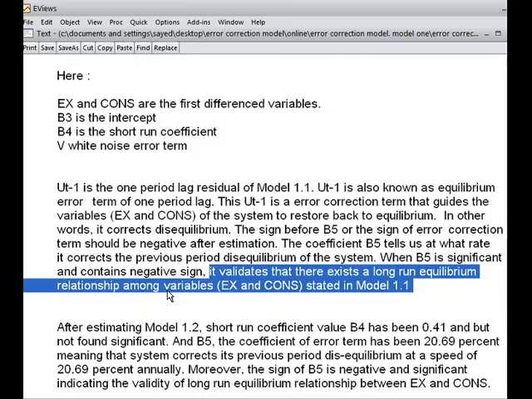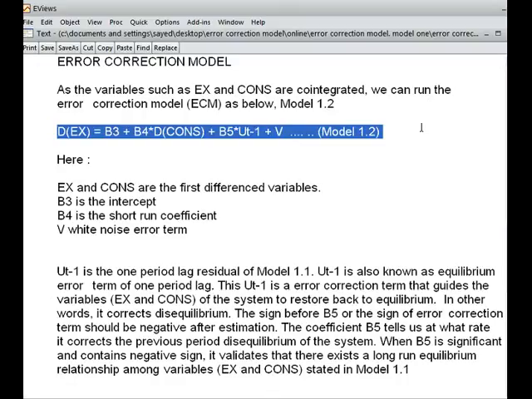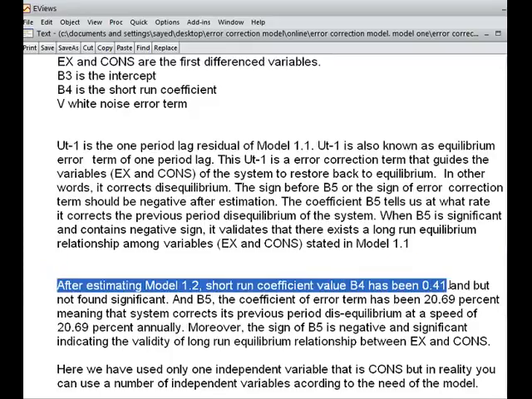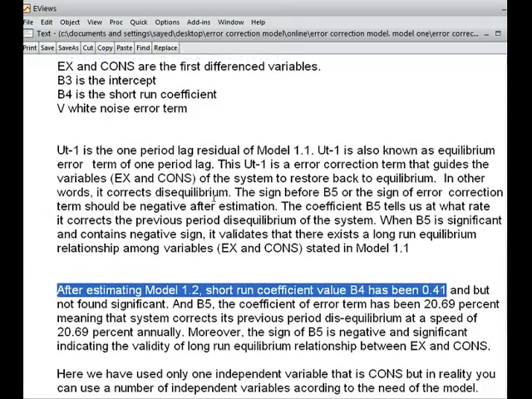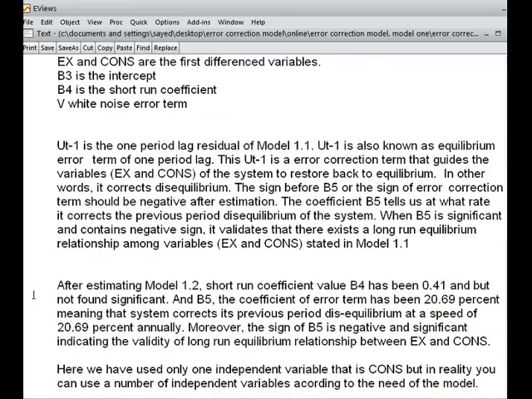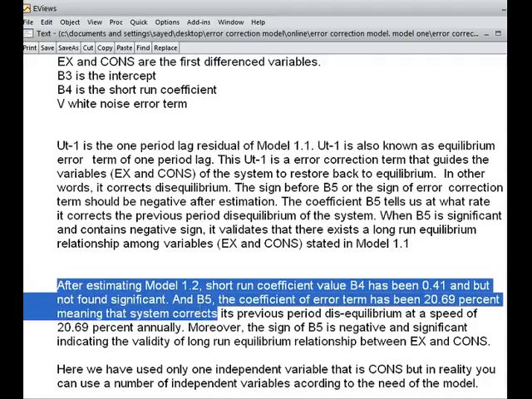And what we have done, we have estimated this model 1.2, which is the error correction model. After estimating model 1.2, the short-run coefficient B4 has been 0.41, but it was not significant.